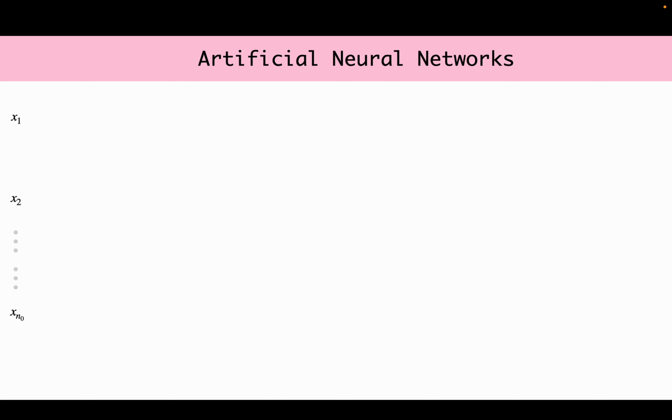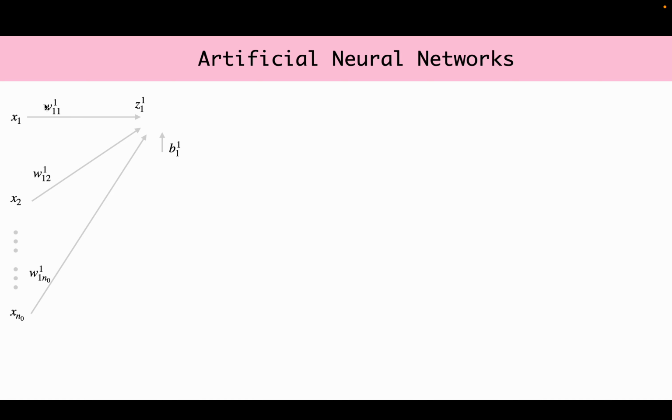So consider x1, x2 and so on, xn0 are the inputs. These inputs, when multiplied with the weights and added with a bias, give us a pre-activation. As you can see here, this superscript indicates that it belongs to layer 1, and the subscript indicates that this is the pre-activation of neuron 1.